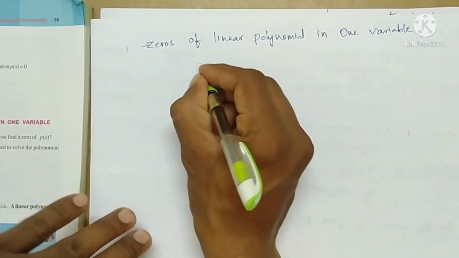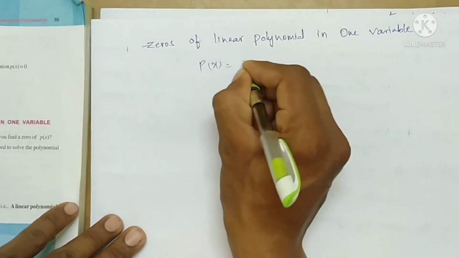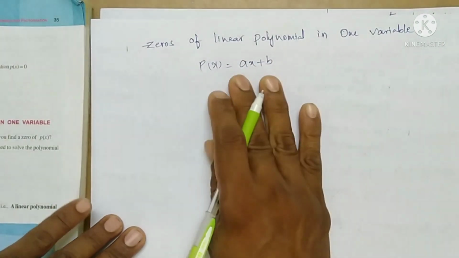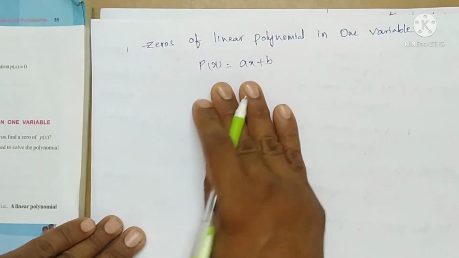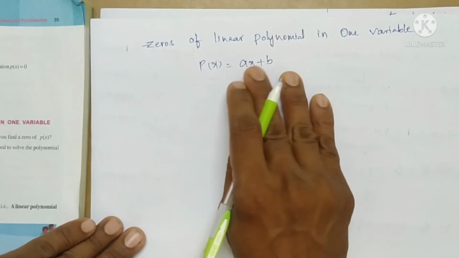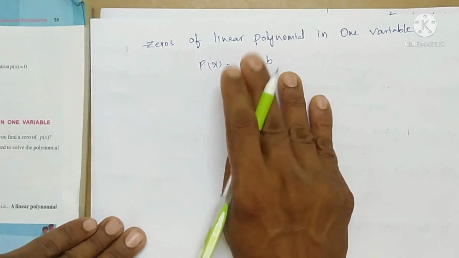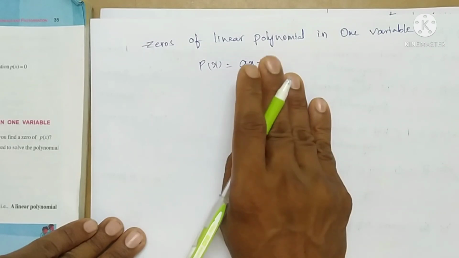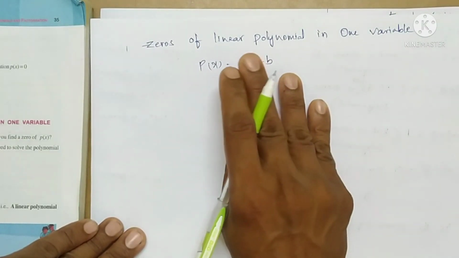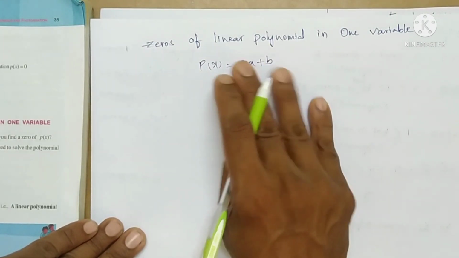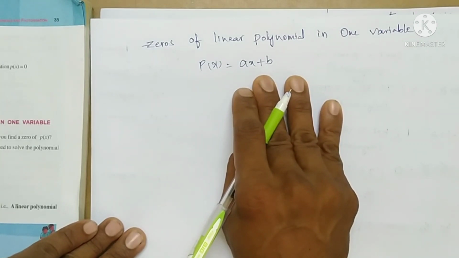So here P of x is equal to ax plus b. Here the degree of x is 1, right? So these types of polynomials are called linear polynomials. Here the variable is x. P of x is equal to ax plus b.